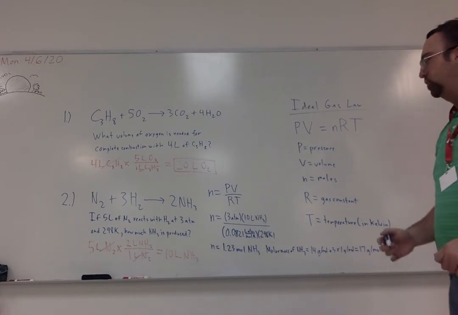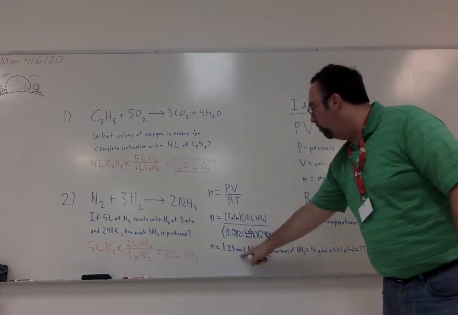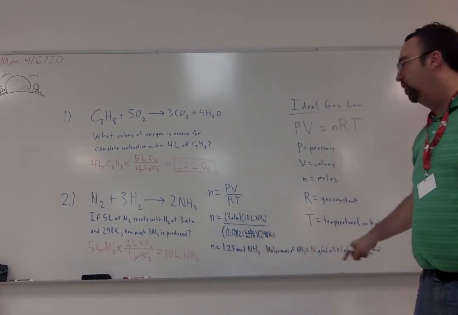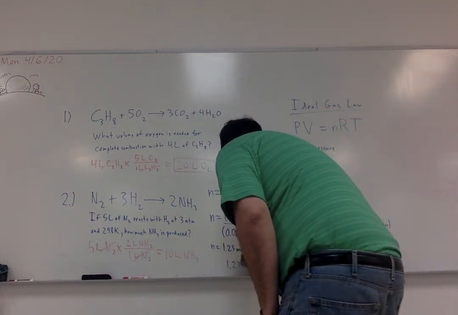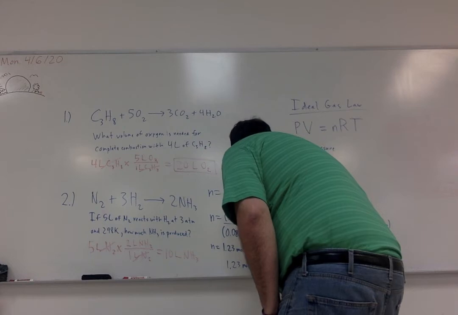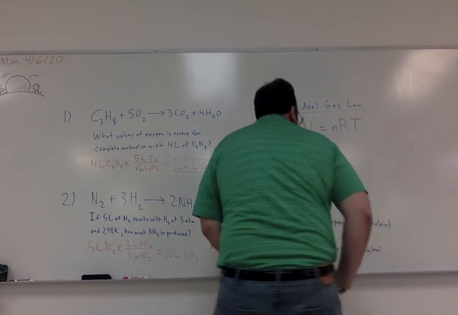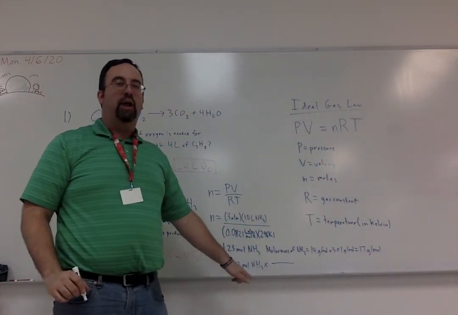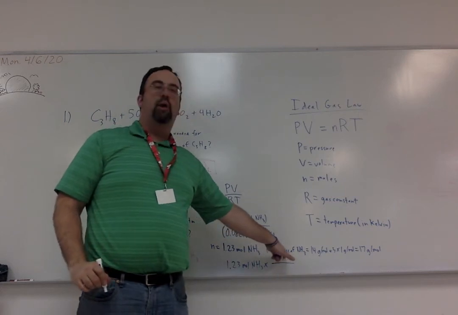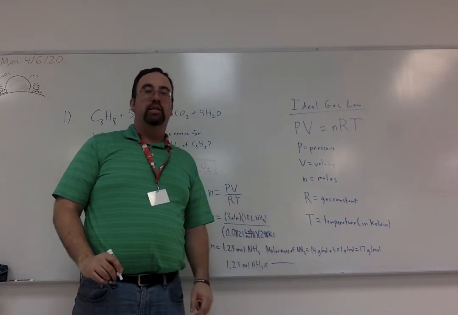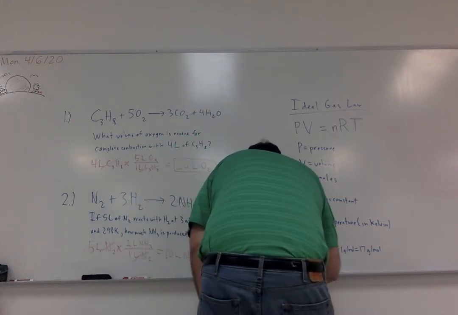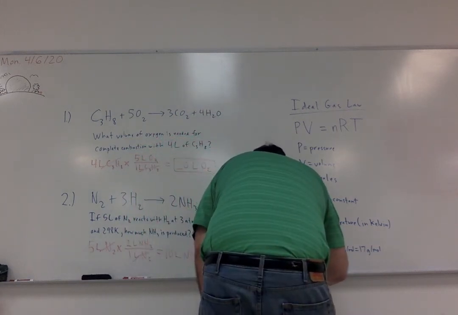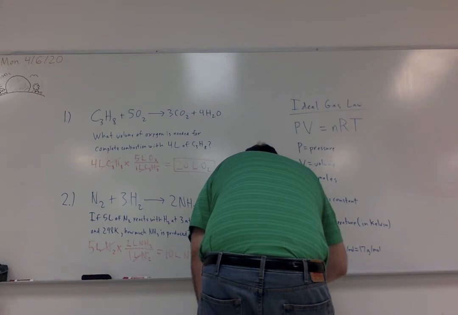And so now that we have the moles, we have our conversion factor, we're just going to go ahead and take 1.23 mole of NH3, and we're going to multiply that. And so we need to put the 17 grams on the top so that the 1 mole can then go on the bottom so that the units can cancel out. And so we have 17 grams of NH3 for every mole of NH3.